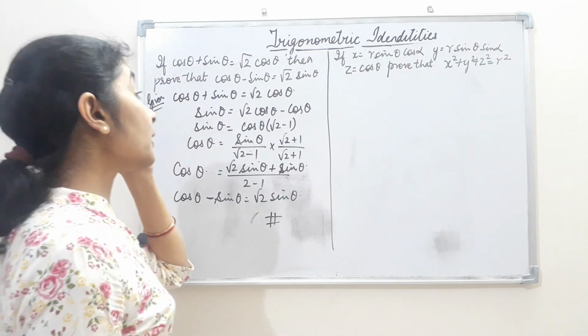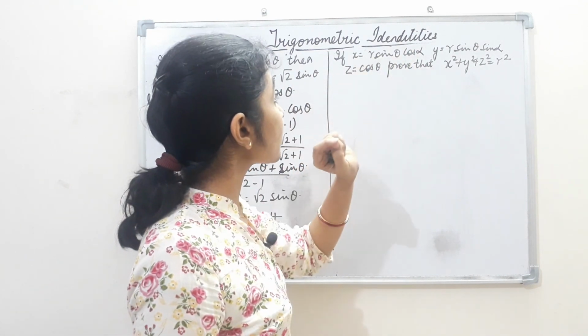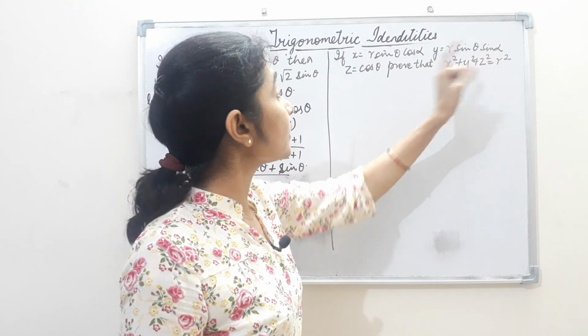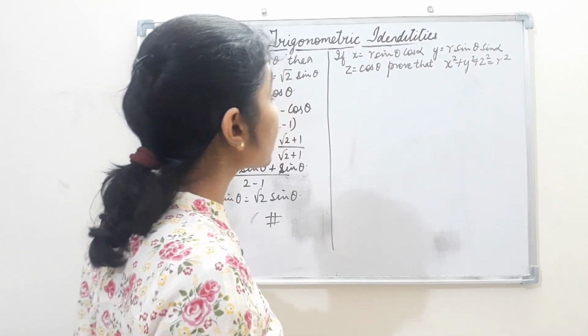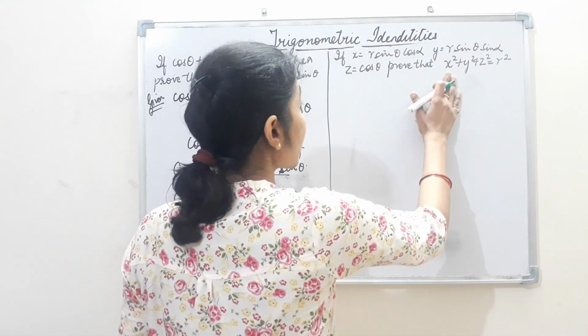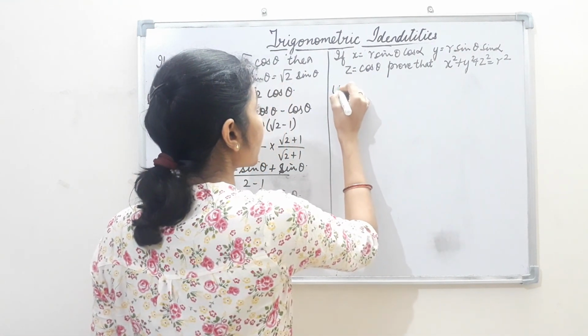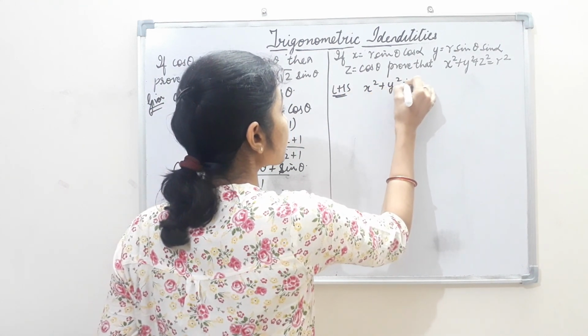Now similarly here also we are assigned the value like x is equal to r sin theta cos alpha, y is equal to r sin theta sin alpha, z is equal to r cos theta. We are supposed to prove that x square plus y square plus z square is equal to r square. So starting with what we are supposed to prove, LHS is x square plus y square plus z square.